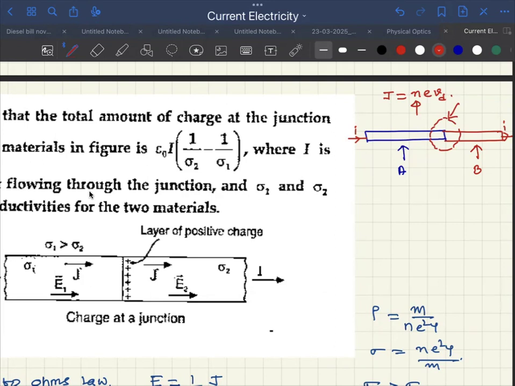So whenever there is a junction like this, automatically there will be an accumulation of charge possible. Why?